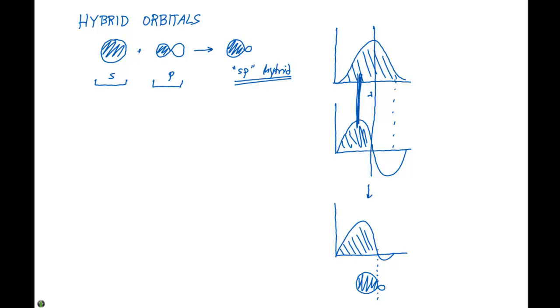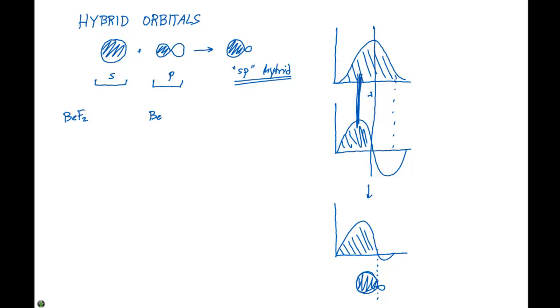Notice that if we had non-hybridized orbitals, these are not going to interact as strongly as this big lobe right here, which we've drawn for this sp hybrid. So let's try to put this into perspective and talk about the molecule BeF2.